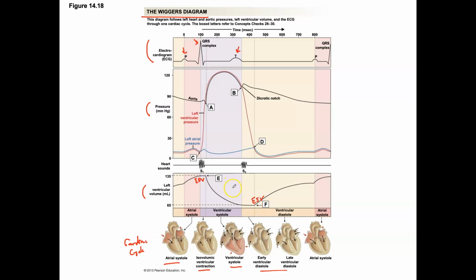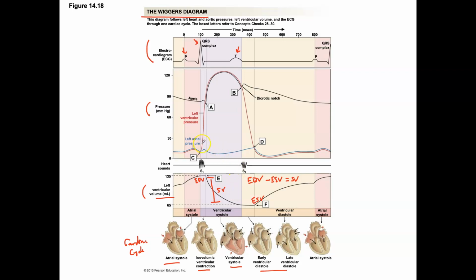And so the difference between the two, if you were to take the end diastolic volume minus the end systolic volume, you would be able to calculate the stroke volume. And so you can see the amount of blood that's being pumped, specifically from the left ventricle, but we know that the volumes are relatively equal between the left side and the right side. So this would be the stroke volume, the amount of blood that's being pumped out during the cardiac cycle.